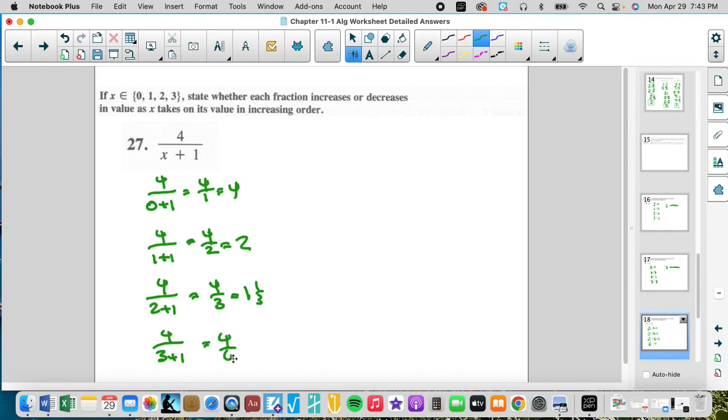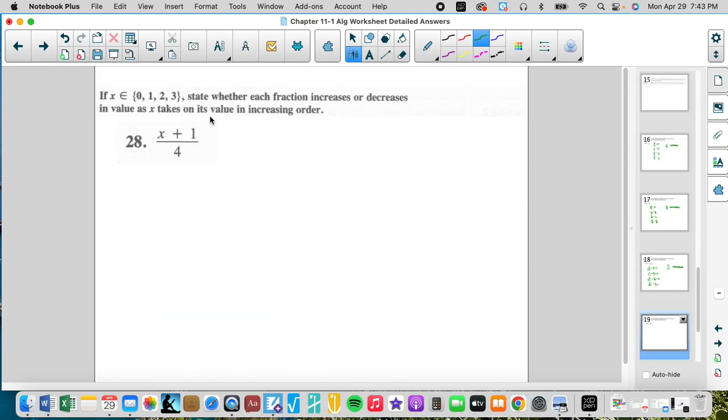And 4 over 4 is 1. So we can see nicely that this is decreasing. That's a good problem. This is a fun question. As the denominator increases, the number itself decreases. As the number increases in the numerator, the number will increase.